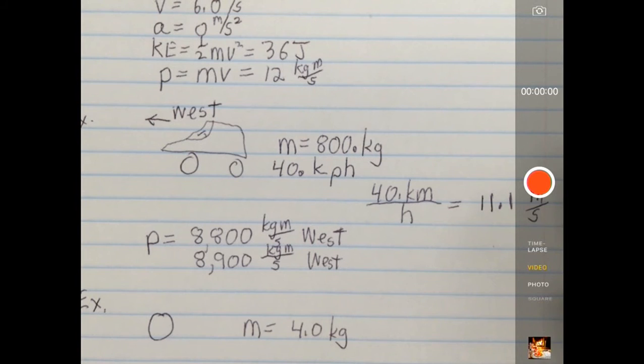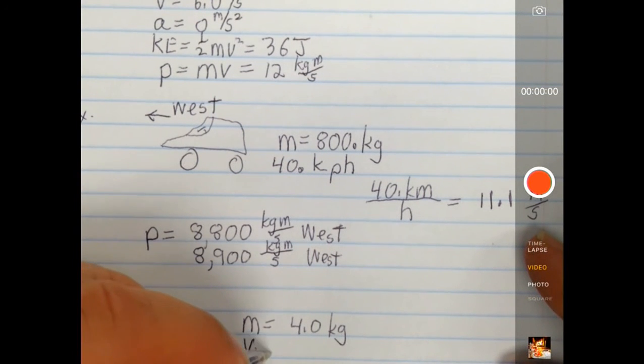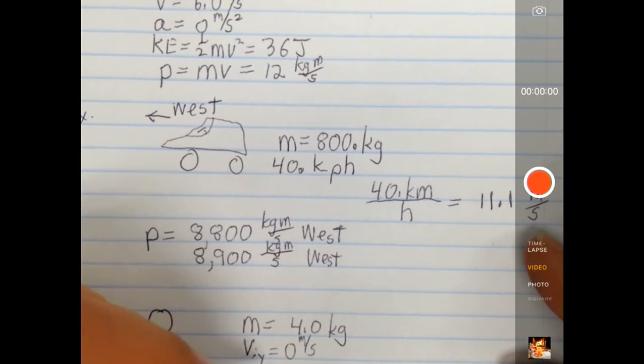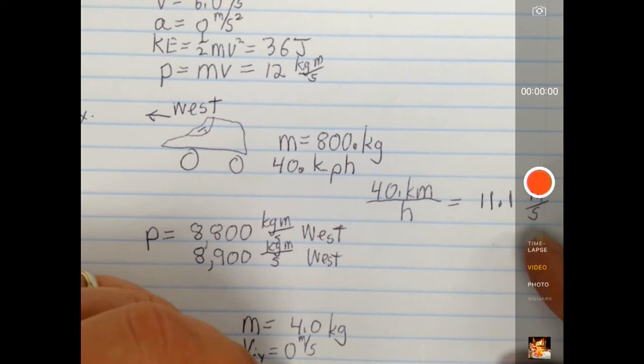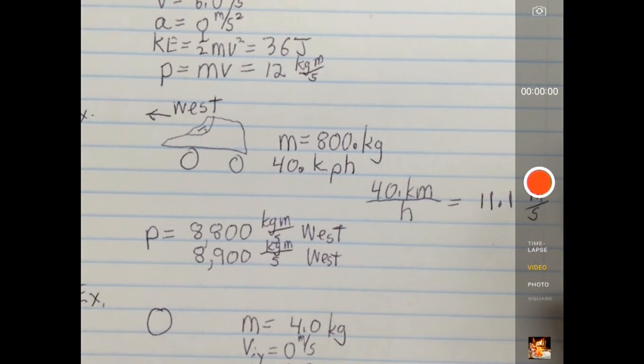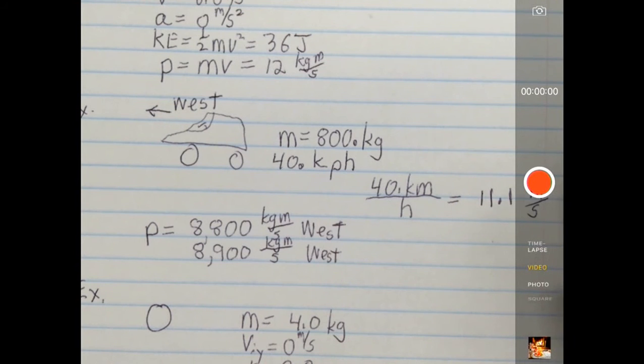And I'm going to release this ball from rest. And I'm going to let it fall for 3 seconds without air resistance. And my question is, at the end of those 3 seconds, what is its momentum?